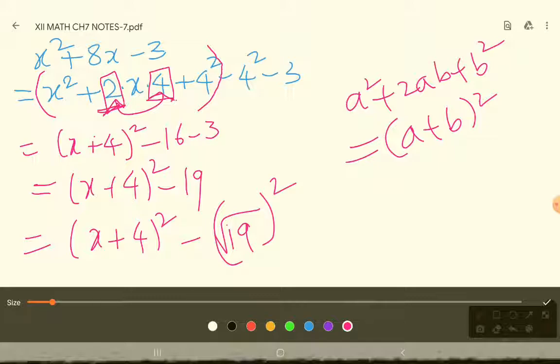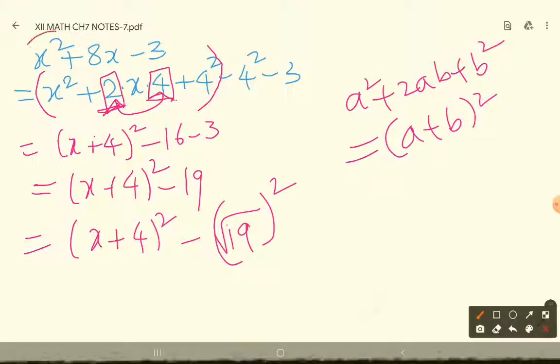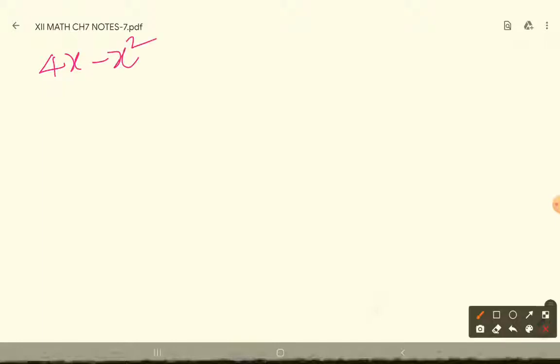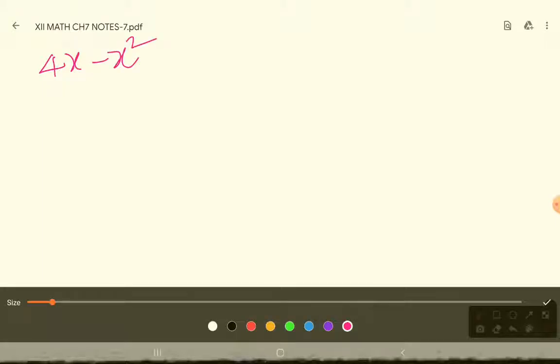So one more model: if minus x square is there, how to complete the square? Like this, 4x minus x square. When it is given like this, you should write like this. First take the minus out and write the first term and the middle term only. There is no constant given anyway. If it is given outside, we will write that constant. For example, if plus 2 is given, I will write plus 2 outside, no problem. If it is not given, just isolate, no problem.